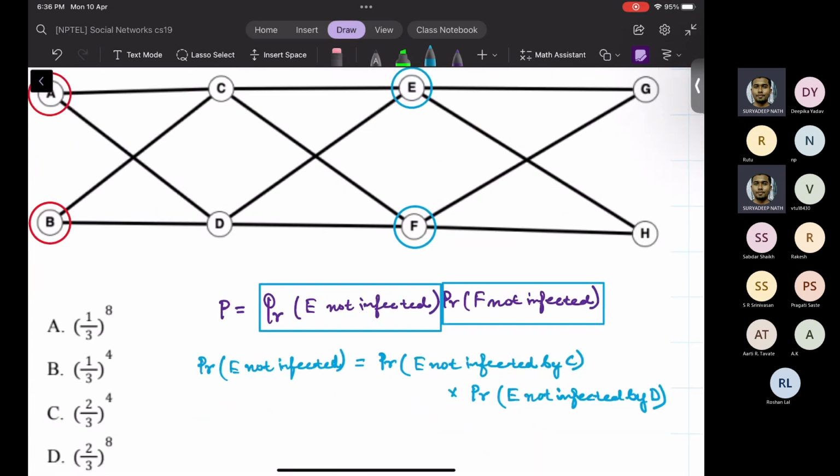So C can independently transmit the disease to E and D can independently transmit the disease to E. So if E is not infected, it means that it did not get infected from C and it did not get infected from D. So the probability of E not getting infected from C and D is probability of E not getting infected by C into probability E not getting infected by D.